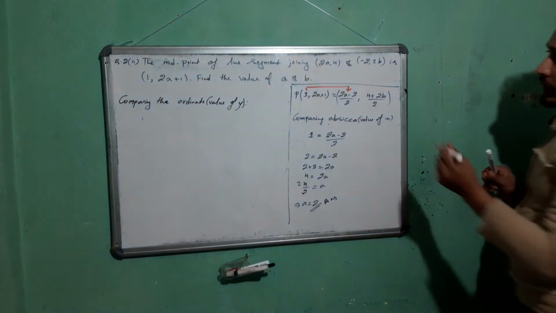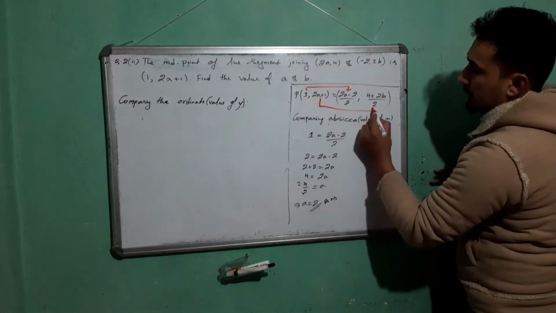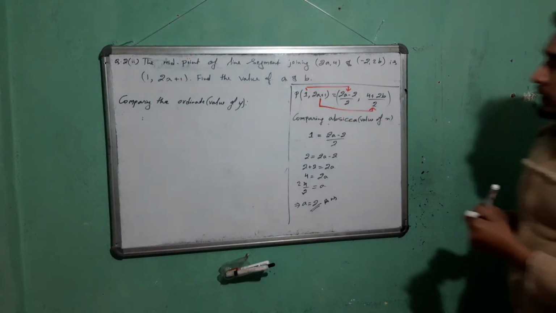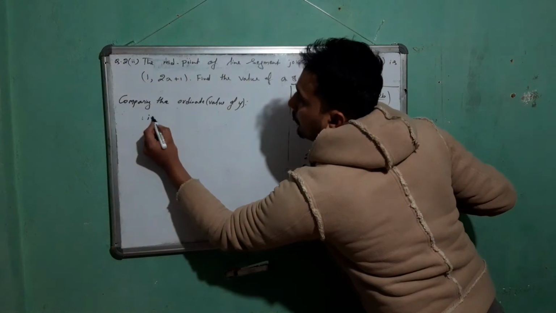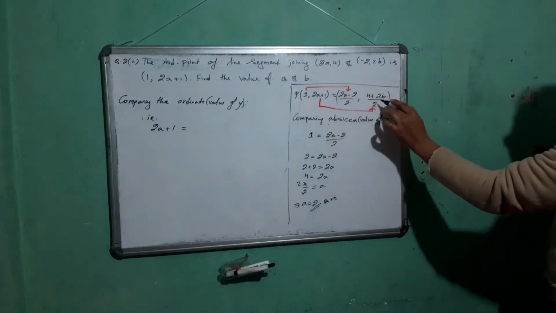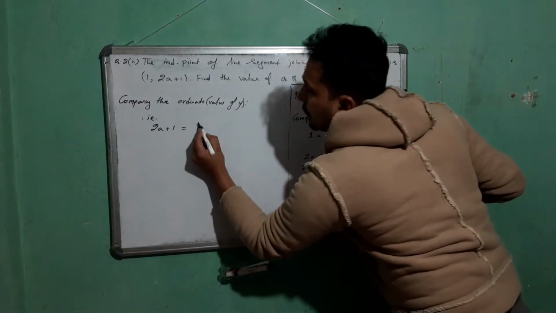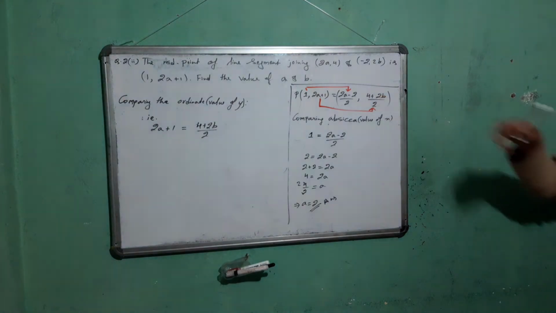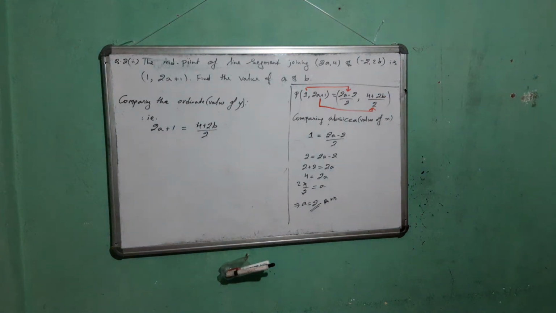You have to compare this and this. This is y and this is also y. That is, 2a + 1 is equal to (4 + 2b)/2.